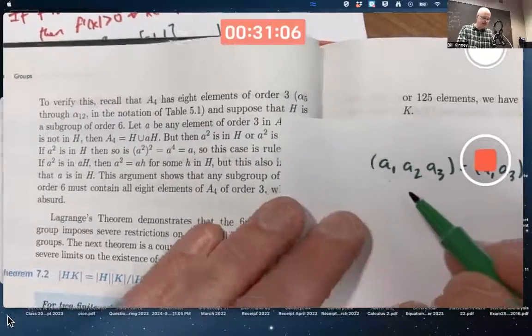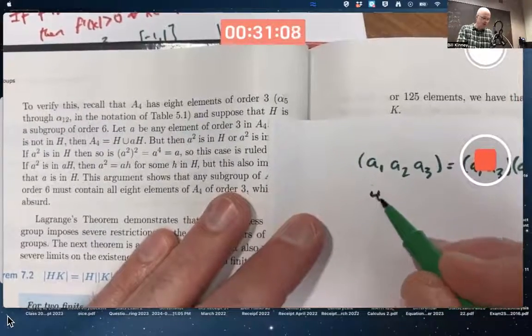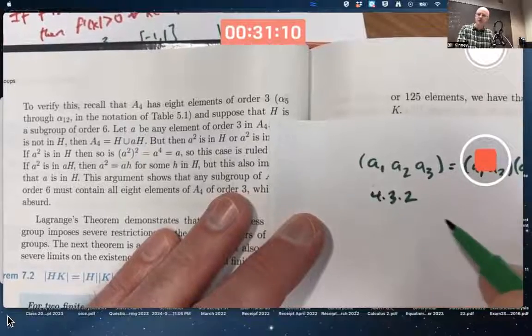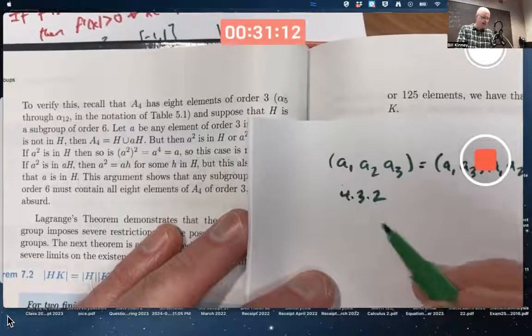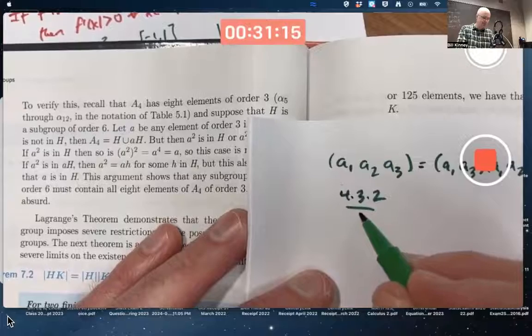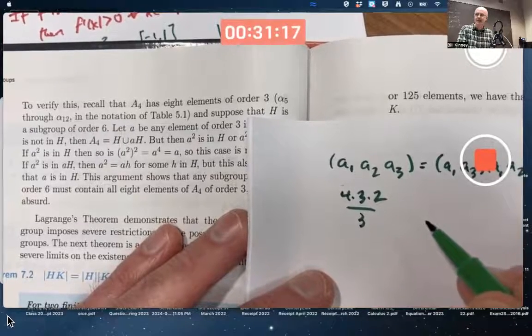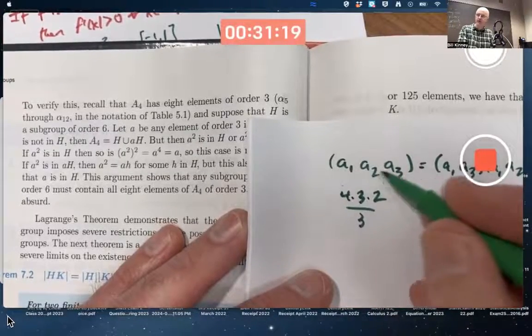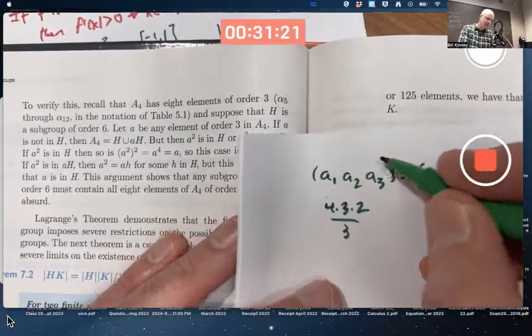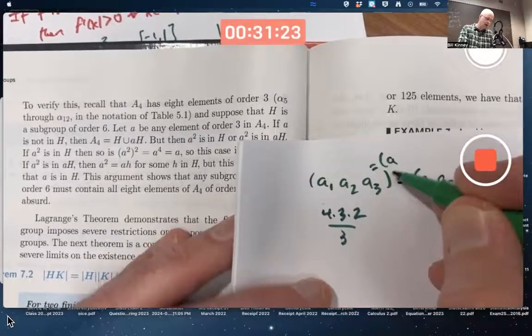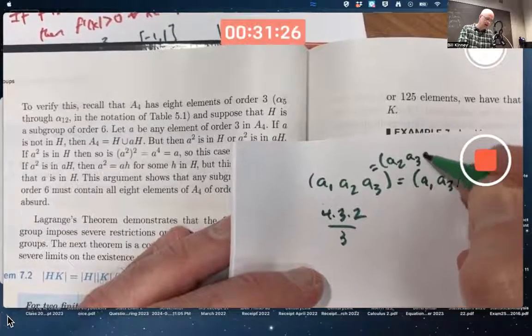How many possible choices are there for a1, a2, and a3? 4 times 3 times 2. But then I have to divide that by 3. Why? Because there are 3 different ways to write this 3 cycle. That's one way. Here's another way.